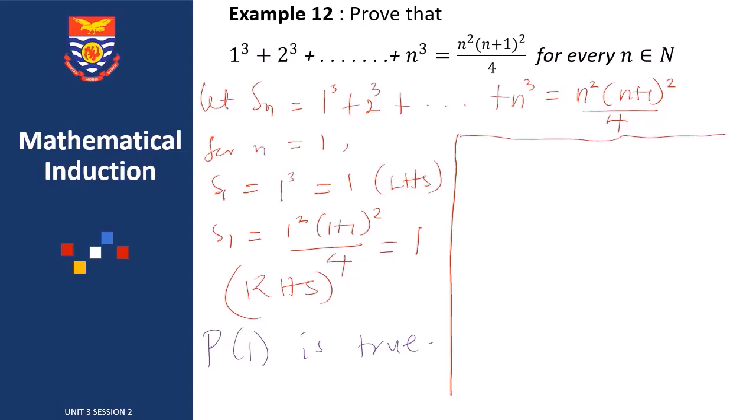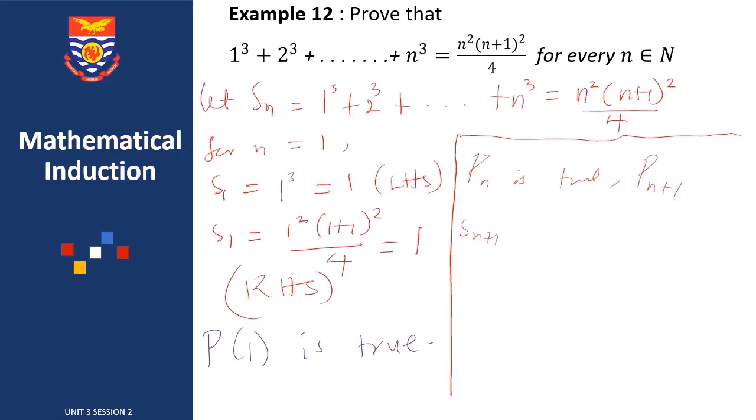So what is left? We show the second one next. If P of n is true, then the statement P of n plus 1 must also be true. So let's see.